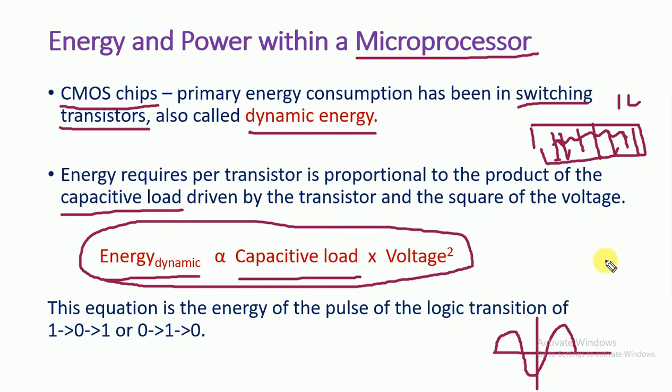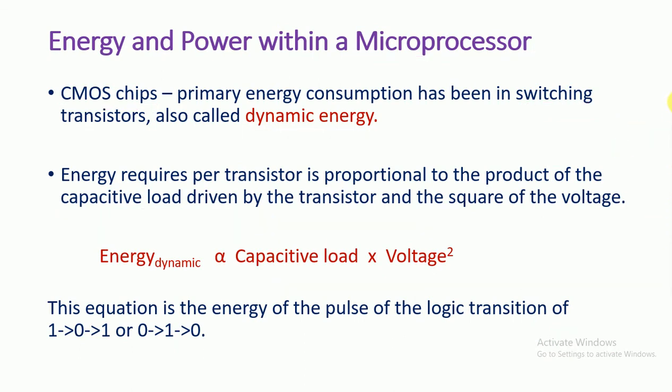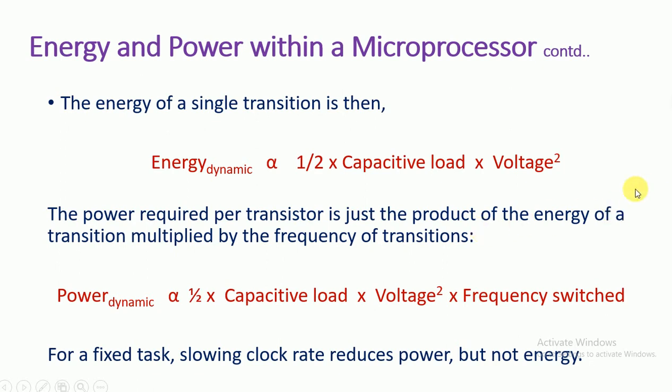Now, for a single transition, we will have a modification on the dynamic energy given here, which will be replaced by dividing the same thing by 2. So the energy of a single transition can be defined as half into capacitive load multiplied by voltage square.